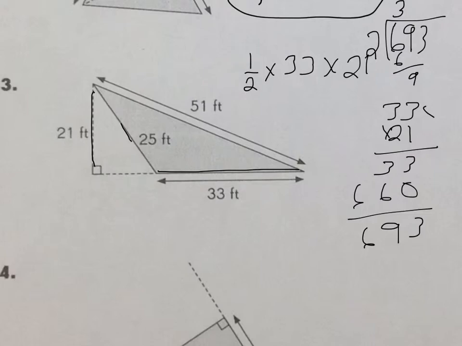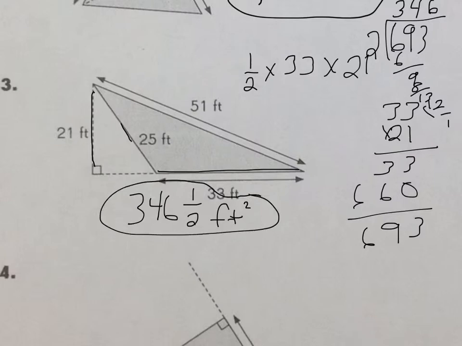That is 4, gets me 8, so I'm left with 13, and I'm going to do 6, which is 12, which leaves me with 1, so it's 346 and 1/2 feet squared. I did that very sloppy over here, so if you have any questions, we can talk about that tomorrow. But hopefully you understand what I did there.